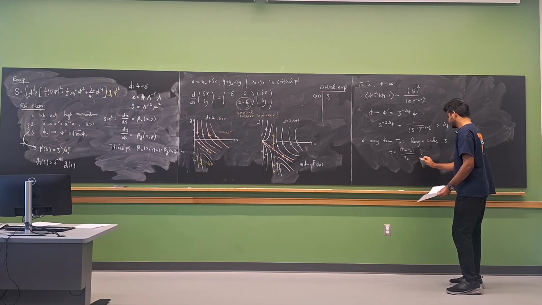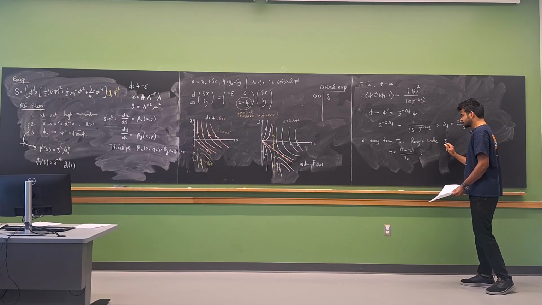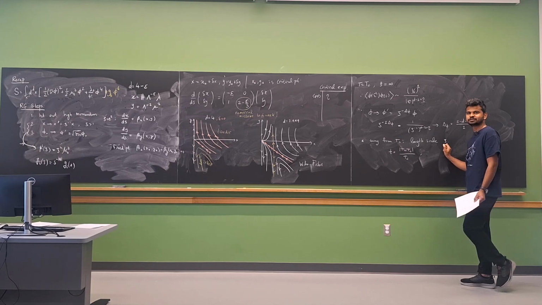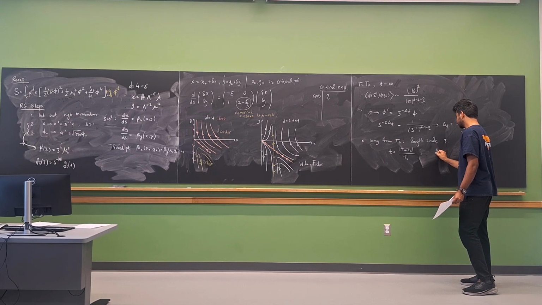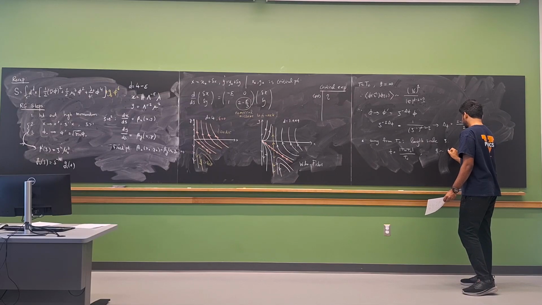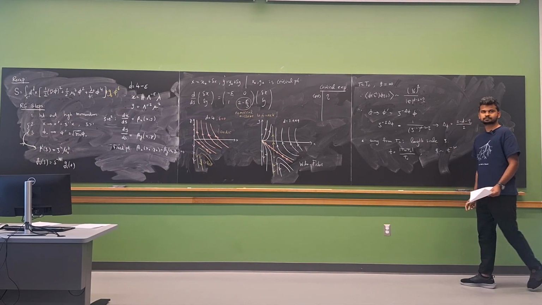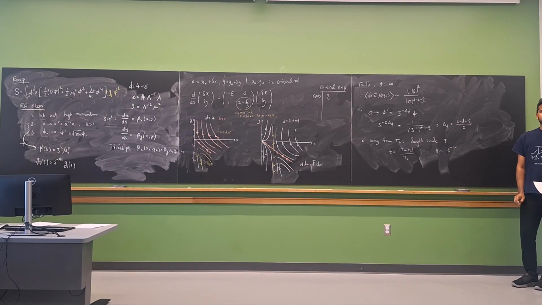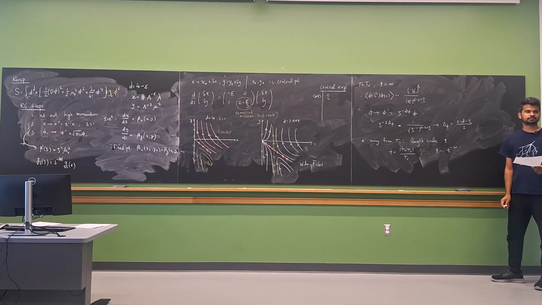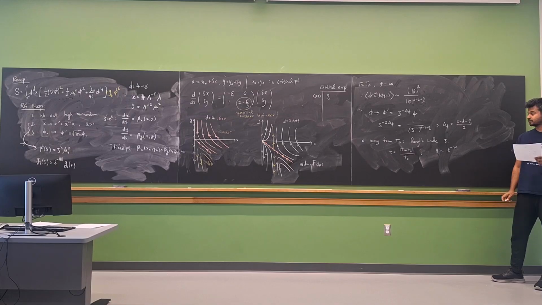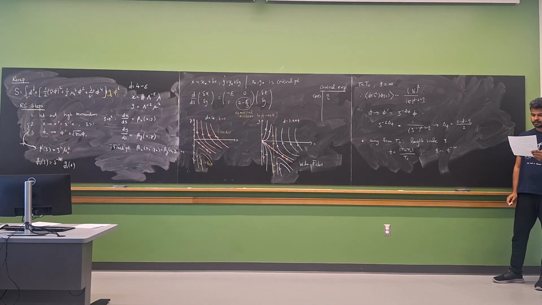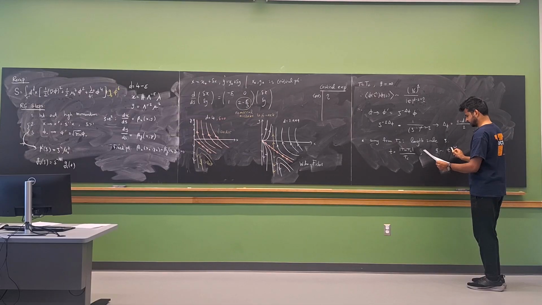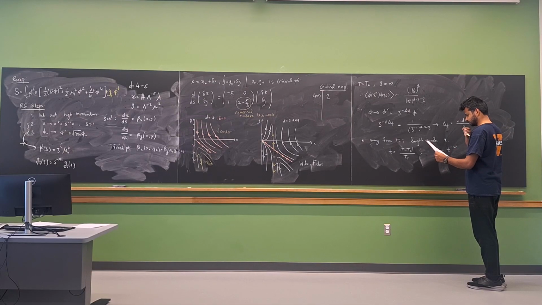Then if we want correlation length to diverge at critical temperature, we must have some sort of relation like this, right? And correlation length would diverge under T going to Tc.